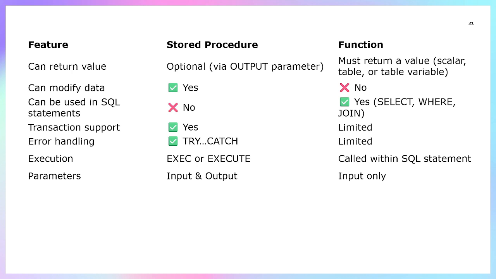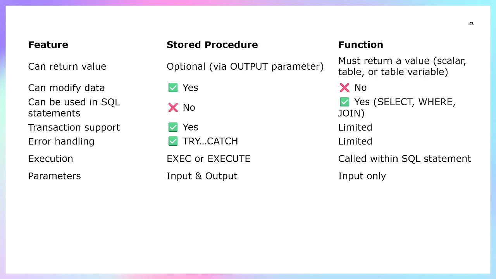For a stored procedure, no. Can you write select star from the stored procedure name? No, we cannot, you have to write EXEC. But for the function, select star from dbo.function name, and if you have a parameter, then pass the parameter.